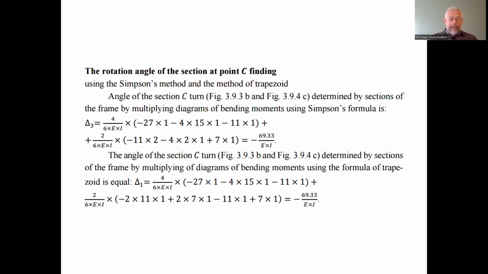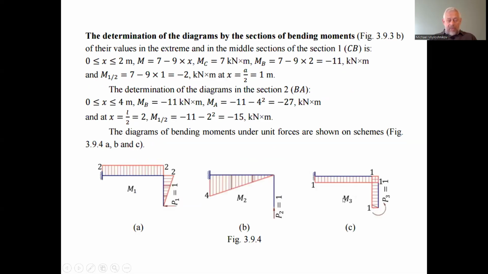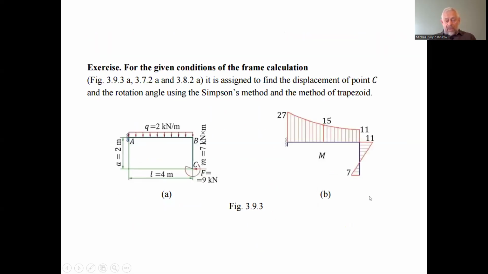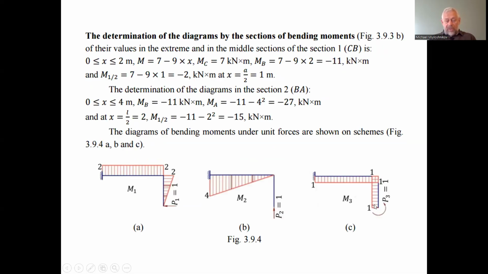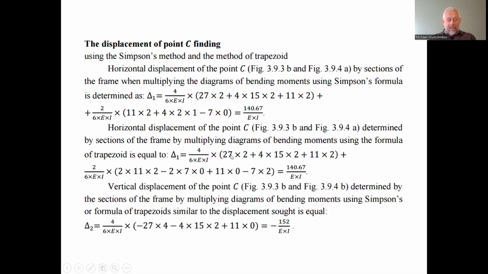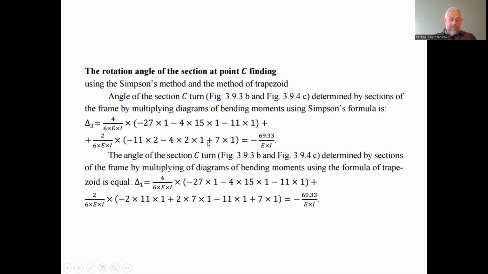Okay, and for the second element of the mechanical system we have only one plus. As we find the product in the third summand of two negative magnitudes, the negative magnitude at the action of the external load and the negative magnitude 1 at the action of the unit bending moment, the last summand in the brackets is positive. Minus 1 multiplied by minus 1 equals plus 1.